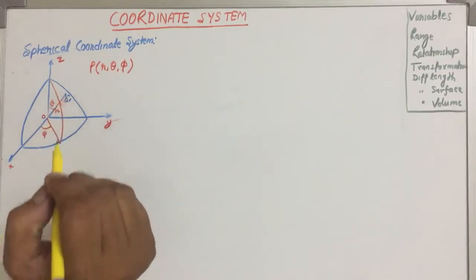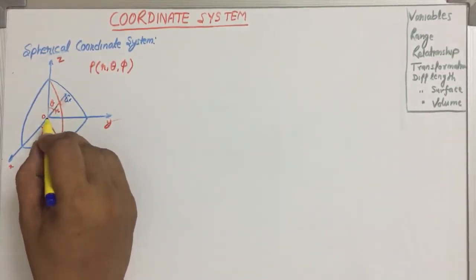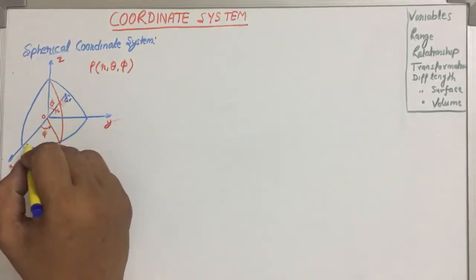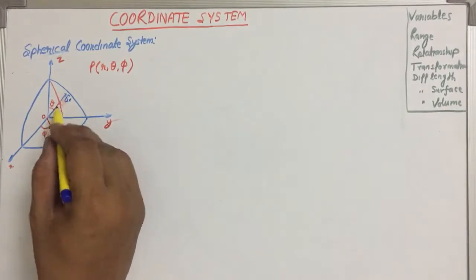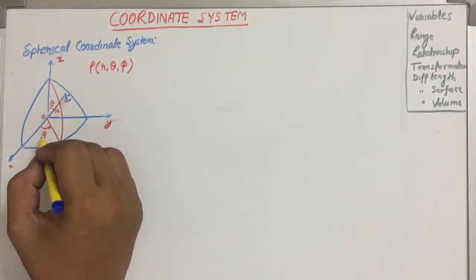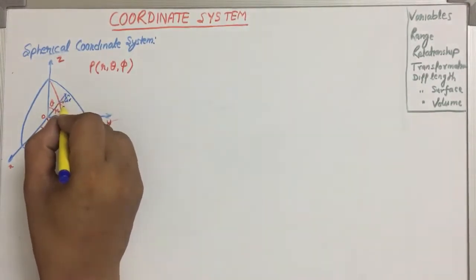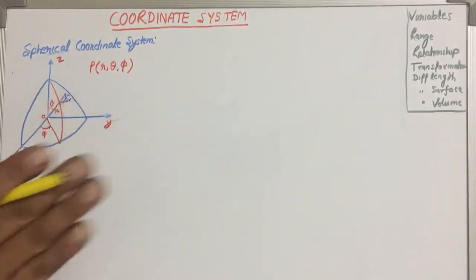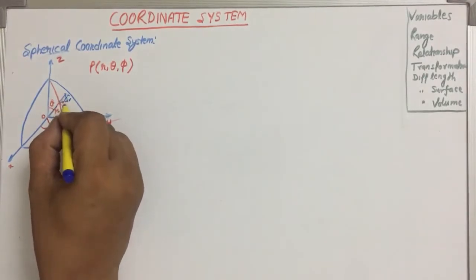And phi is increasing in this direction, if this is point of interest P moving parallel to the xy plane, so it will be A phi.